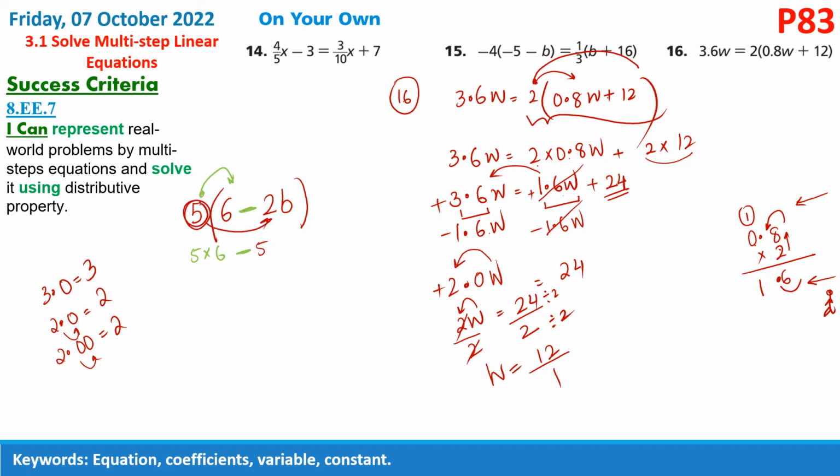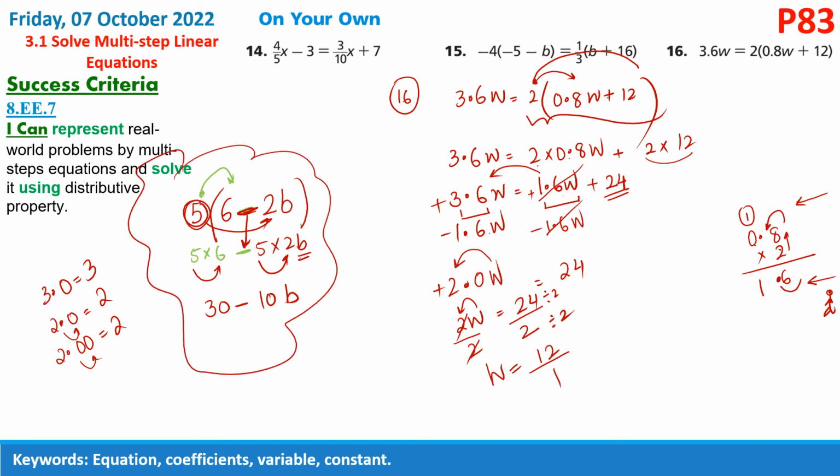Yani 5 times 2b. Now you will not write minus again because this minus you already wrote. Okay, then we multiply these two, that is 30. Then number with the number we multiply and this b we always write as it is. So this is called distributive property.